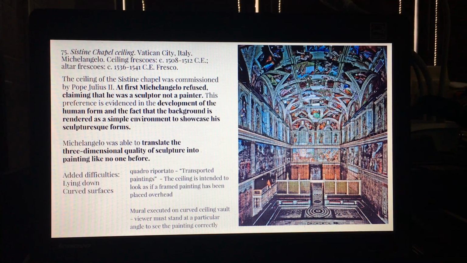So for example, if you were at the south end of the chapel, you couldn't look at the images on the north end and have them be perspectively correct. You have to stand closer to the north end. So that should be pretty obvious, I think.